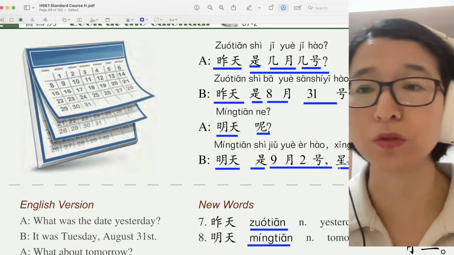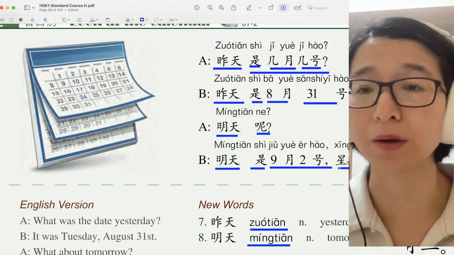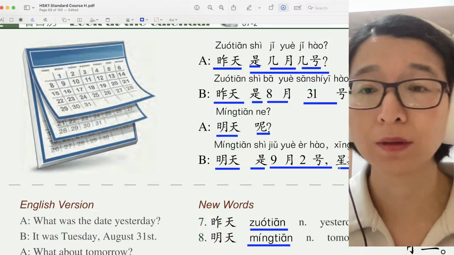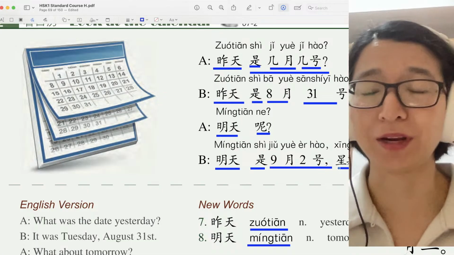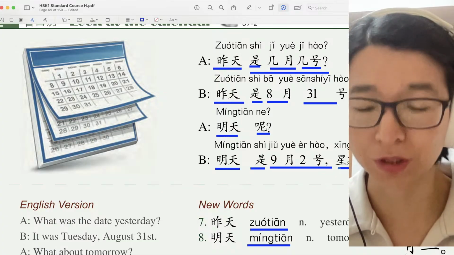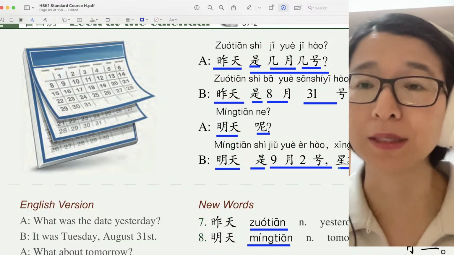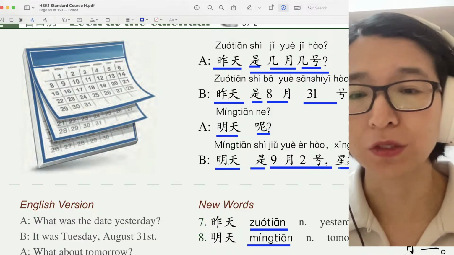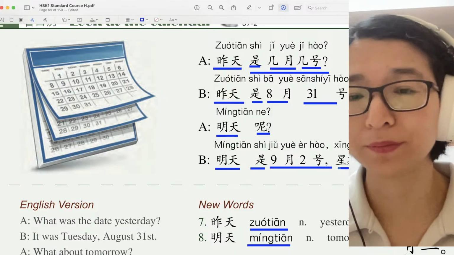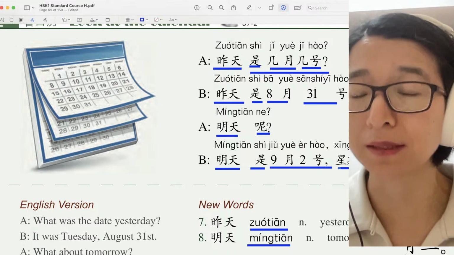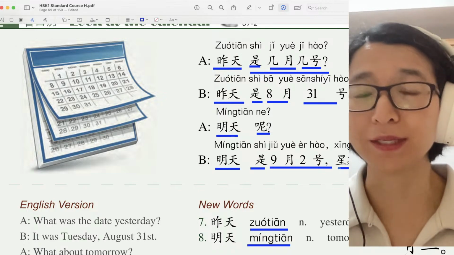In English, you need to say 'it's going to be' or 'will be'. In Chinese, very simple. 是 always keeps the original form. So 明天是9月2号, September 2nd, 星期四, Thursday. Very easy, right?